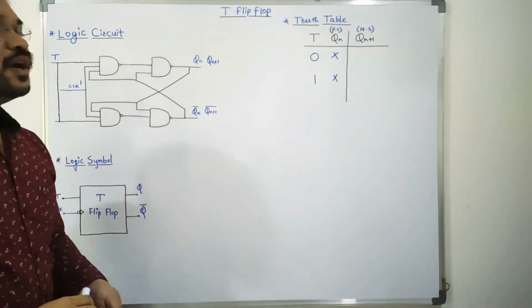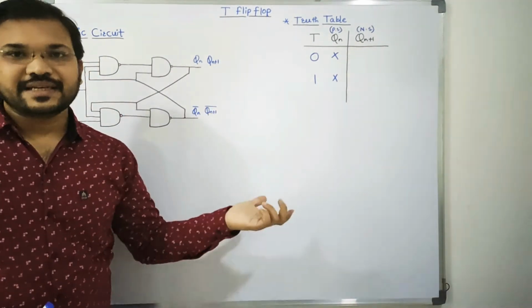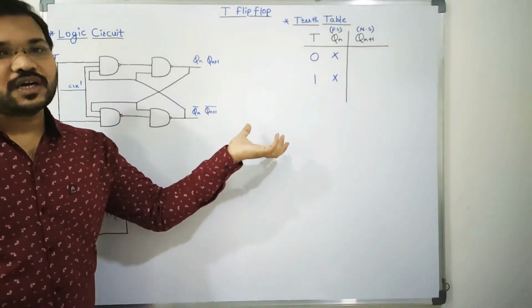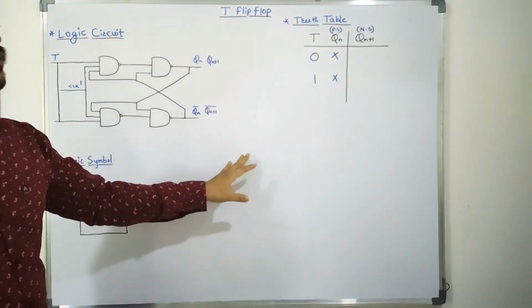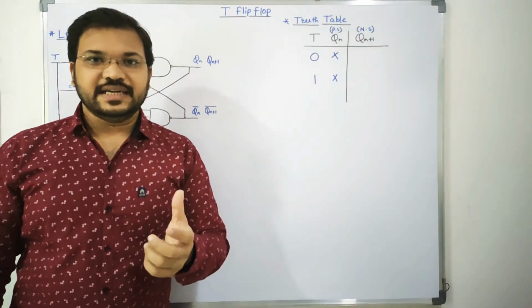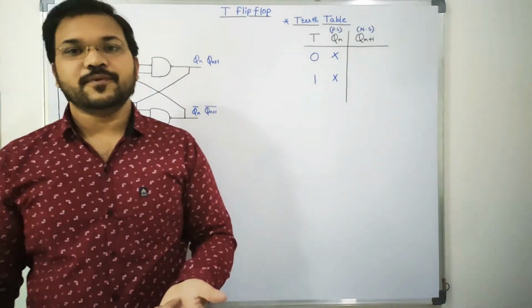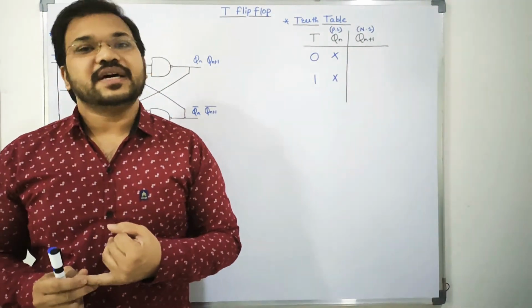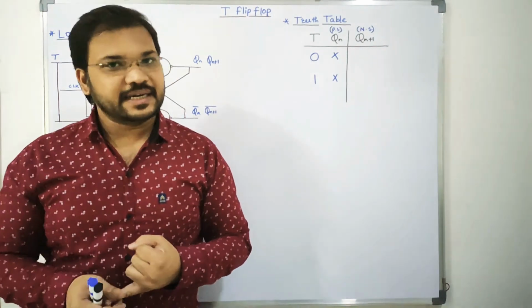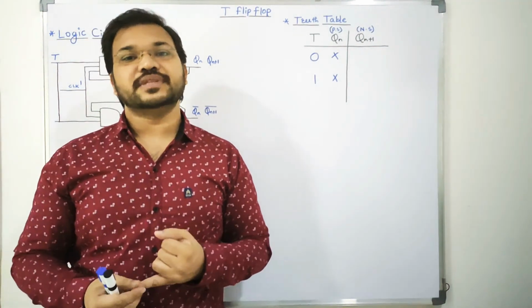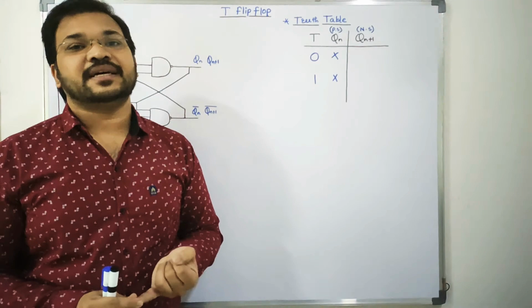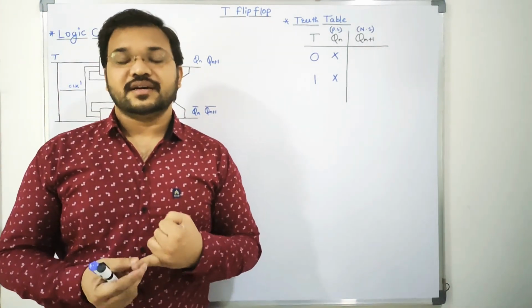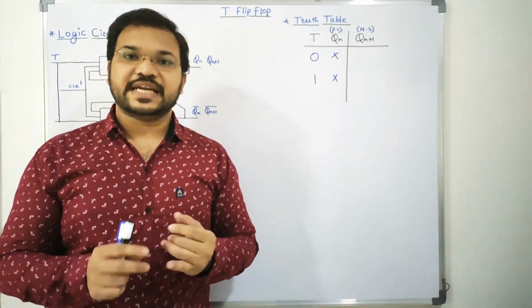As I already told you, this is a toggle condition, and that's why it is called a toggle flip-flop. As we know, the 1-1 condition in an SR flip-flop is called an indeterminate condition. The next modification is the D flip-flop, used if the circuit only wants to set and reset.